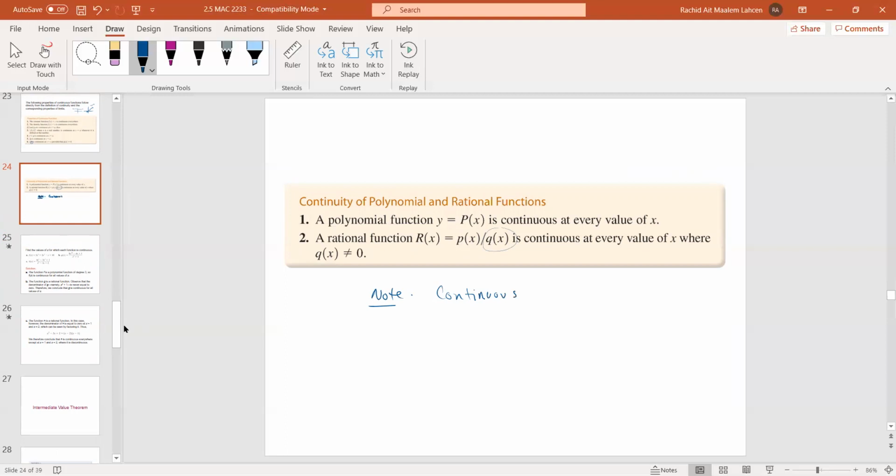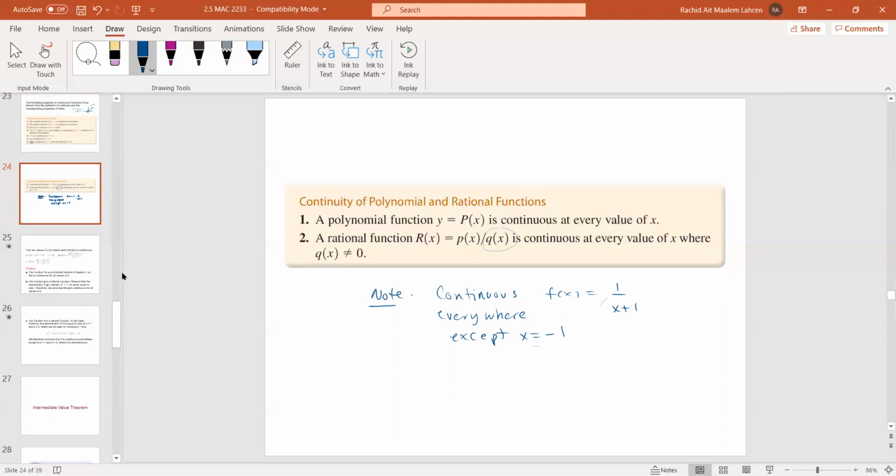For example, f of x equals 1 over x plus 1. So it's continuous everywhere except at x equals -1 because it makes the denominator 0. But if we're not talking about this point, it's continuous everywhere else, right?